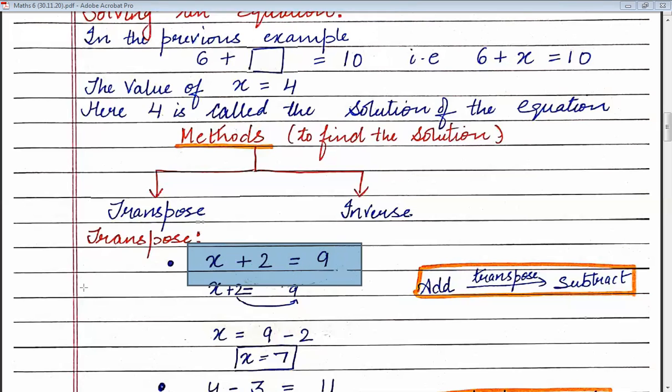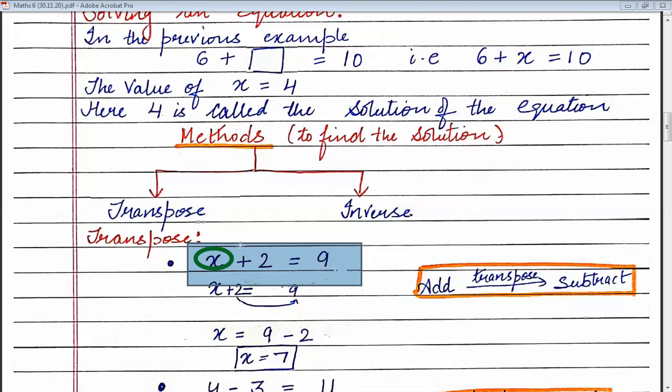Now children, let's see how we can find the value of this x. Remember one thing, the variable should always be on one side. It can be on the left hand side or the right hand side, but normally we take the variable on the left hand side. So x is already on the left hand side.